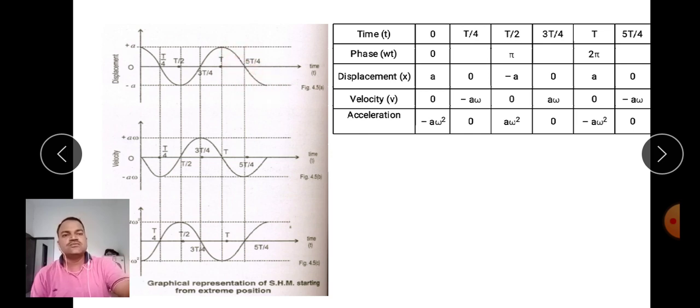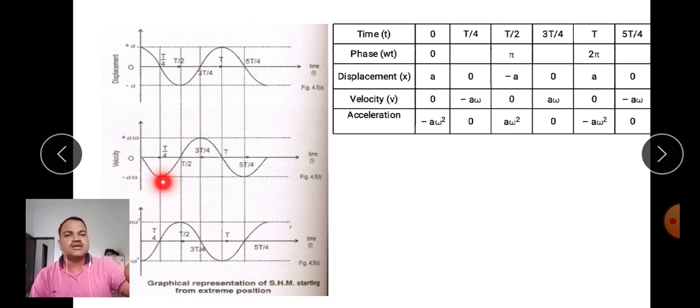We can draw the graph of velocity versus phase. At phase equal to 0, the velocity is also 0, because velocity at the extreme position is 0, and the particle starts from the extreme position. At pi by 2, velocity is maximum, minus A omega, so this is minus A omega here.